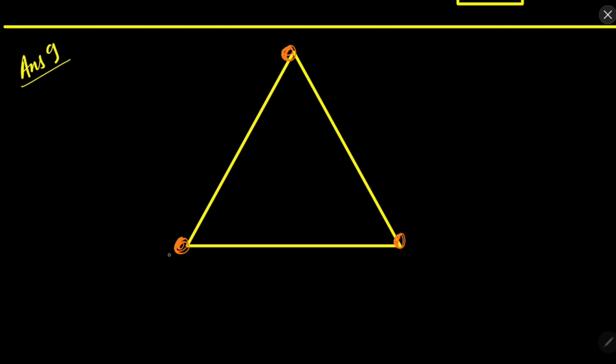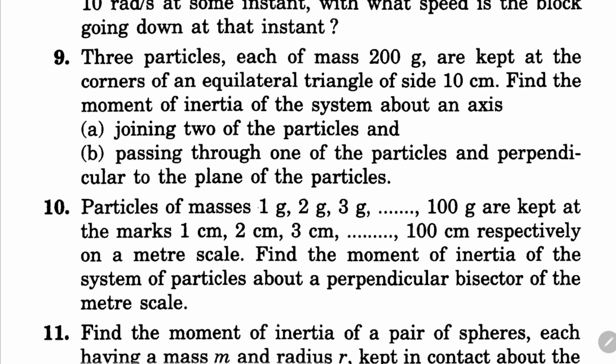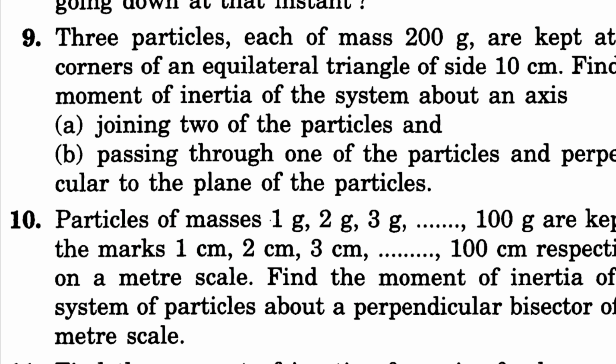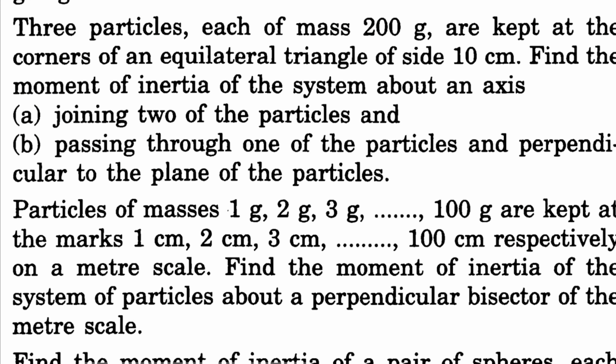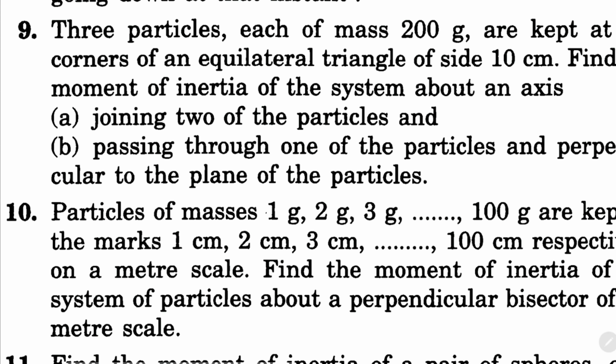We have an equilateral triangle, and in the first part we have to find the moment of inertia about the axis joining 2 particles, and in the second part we have to find the moment of inertia about an axis passing through one of the particles and perpendicular to the plane of the other 2 particles.